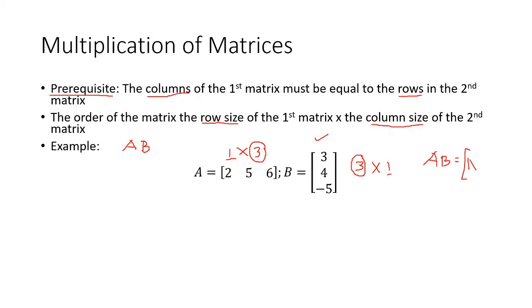So we'll have a 1 by 1 matrix. Meaning, isa lang ka number ang nasulod niya. Kuha kay row size man. So 1 man ang row size niya. Ang column size kay 1 po. So therefore 1 by 1 ang product sa AB.